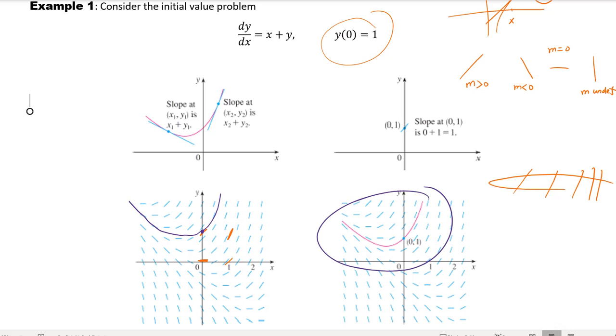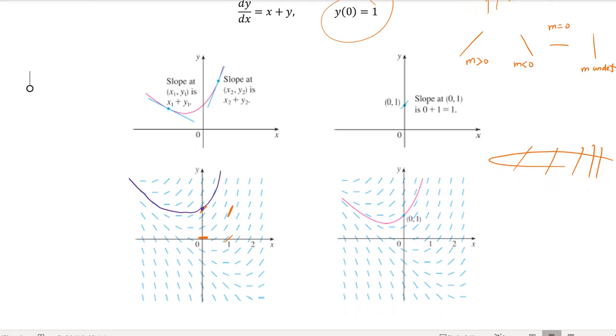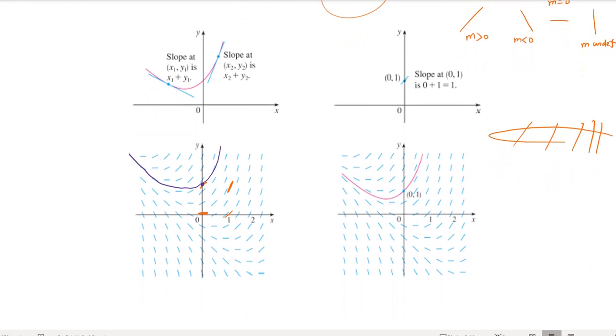So this is the solution of the differential equation. With the slope field, we can graphically draw the solution and estimate it.